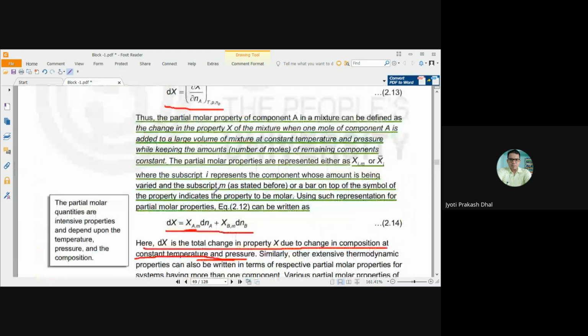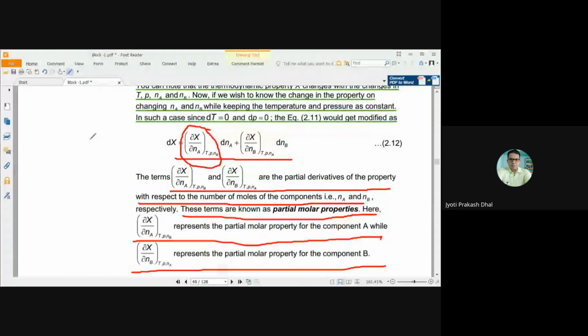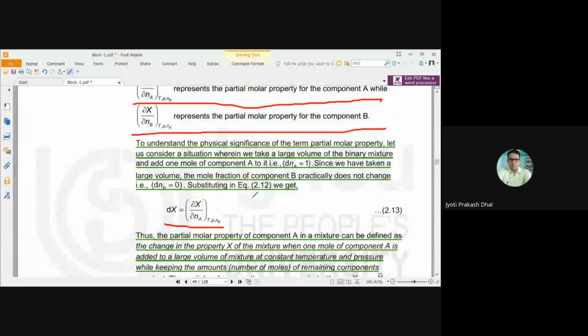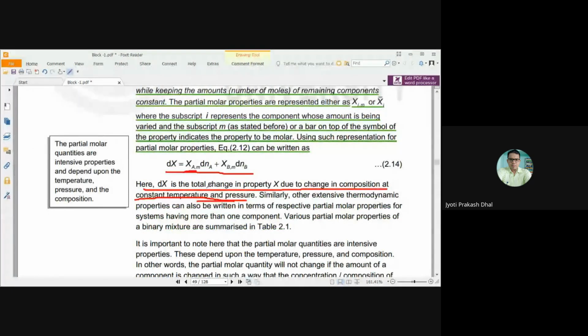In the previous part, we have discussed taking X as a general extensive thermodynamic property, and we have found the partial molar property as X_iM, where i is the component whose amount is being varied, and M is the subscript used for molar property. That's why X_iM is called partial molar property.